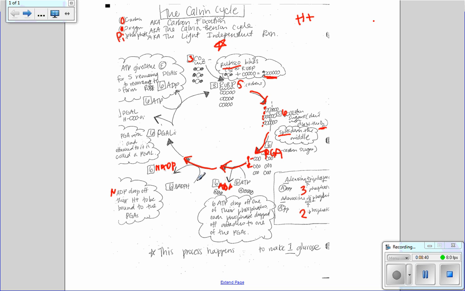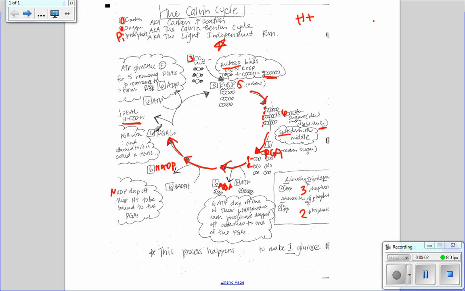Okay? So now, the next part you're going to want to look up at is right here. Okay? So it leaves as a what? So the NADPHs come and they drop off their hydrogens. So then it's just NADP.